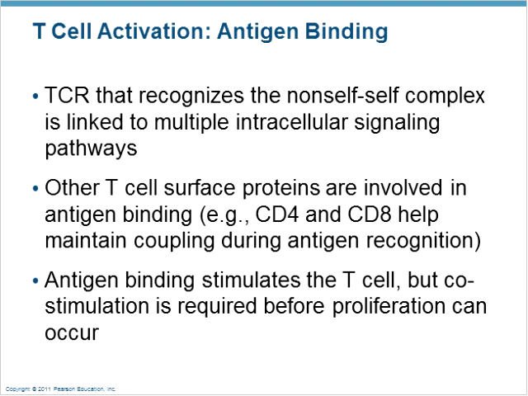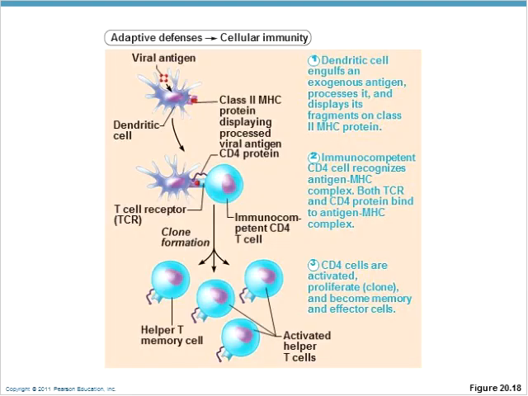Other T cell surface proteins are involved in antigen binding, which include CD4 and CD8, which help maintain coupling during the antigen recognition. The antigen binding stimulates the T cell, but the co-stimulation is really important and is required before proliferation of the T cell can occur.